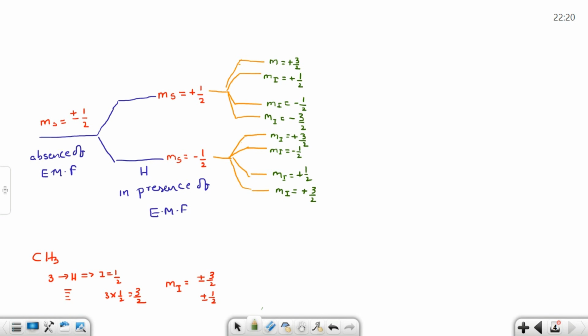So what is the selection rule? The selection rule is delta Mi equal to 0.